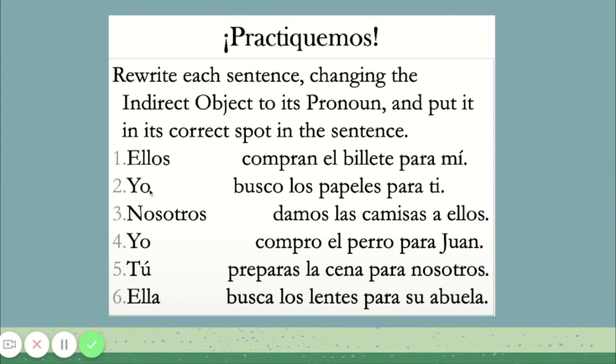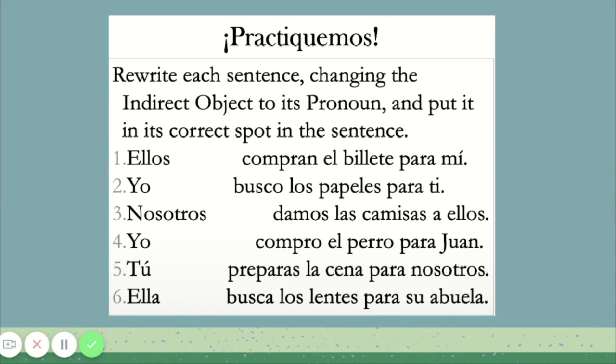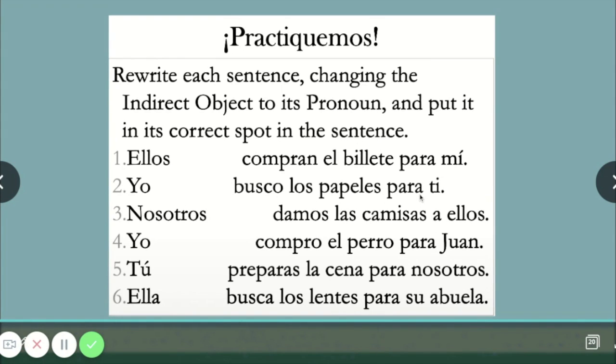Okay. What about yo busco los papeles para ti? I look for the papers for you. What would we use? Which indirect object pronoun would we use to replace para ti? Para ti. What do we think? Good job, Alondra. Para ti, Enrico.